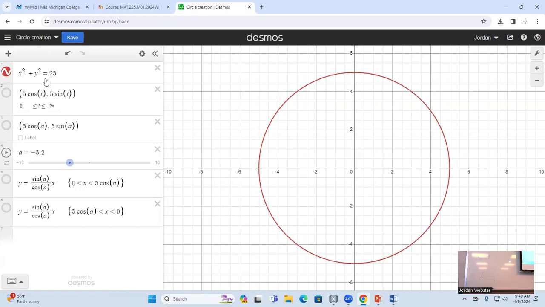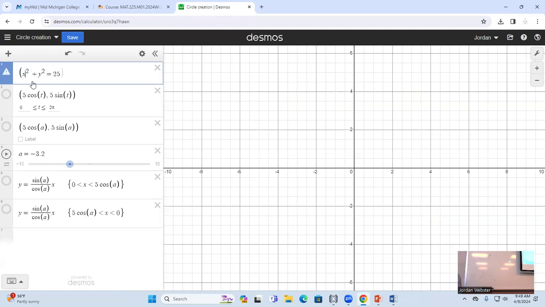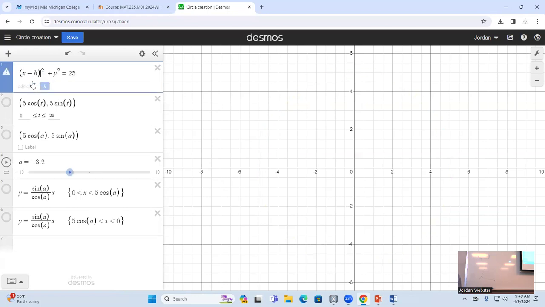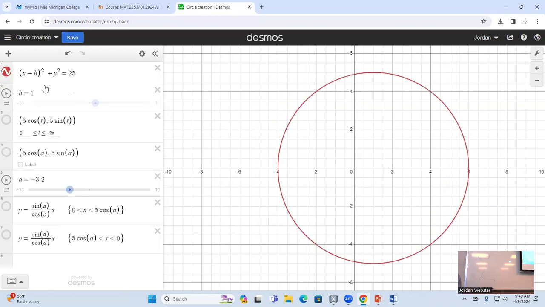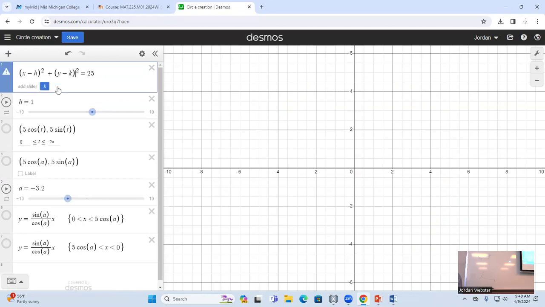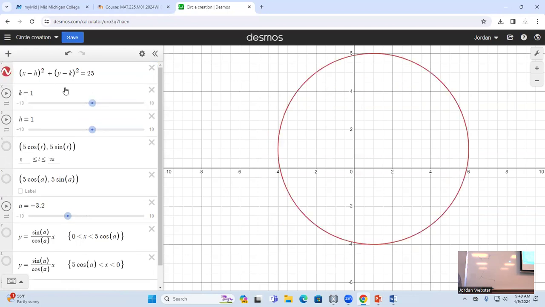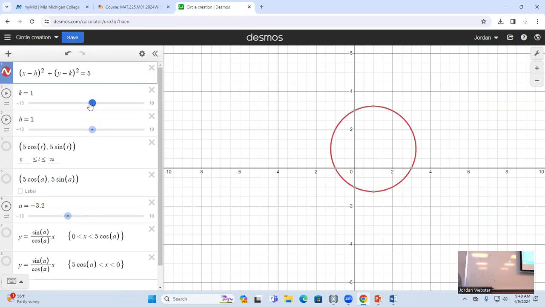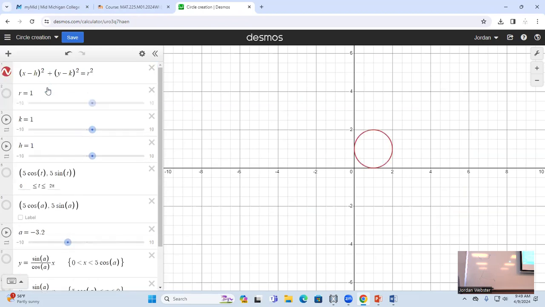It's x squared plus y squared equals 25. If I shift by doing x minus, let's say, h squared, we'll add a slider for h, and then do y minus k squared, add a slider for k, and then do, let's just say r squared, and add a slider for r. Let's start with k of 0, h of 0.